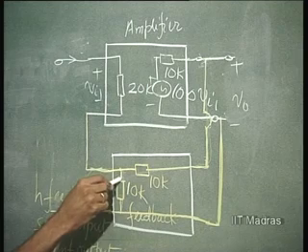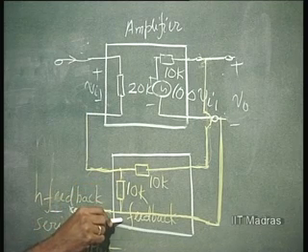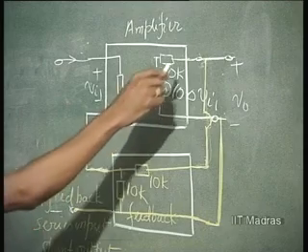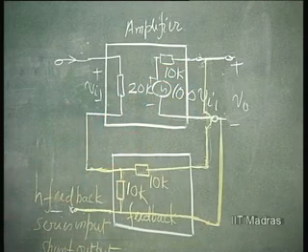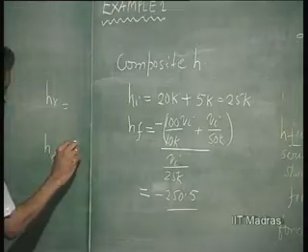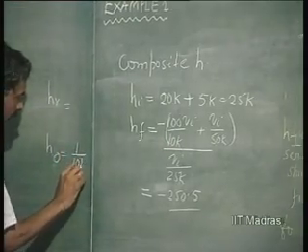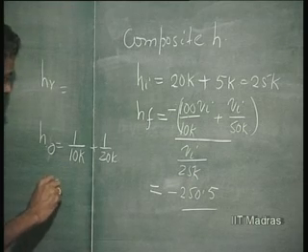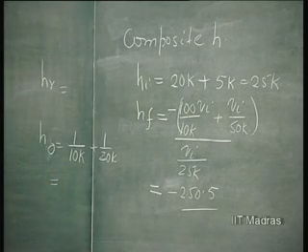So, you have 10 K plus 10 K here. So, you have 20 K here parallel with 10 K. Is this clear?